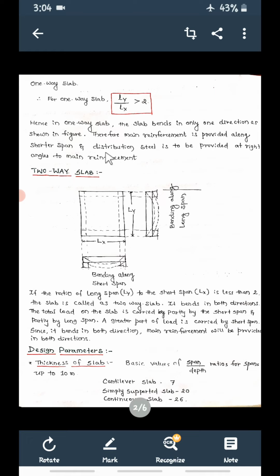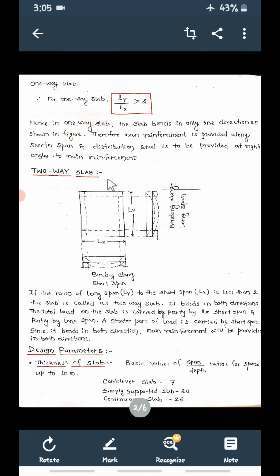So in a one-way slab, you get main reinforcement parallel to the shorter span, and perpendicular to it, over the main reinforcement, distribution steel is provided. So in a slab there are two types of reinforcement: main steel along the shorter span and distribution steel along the longer span.